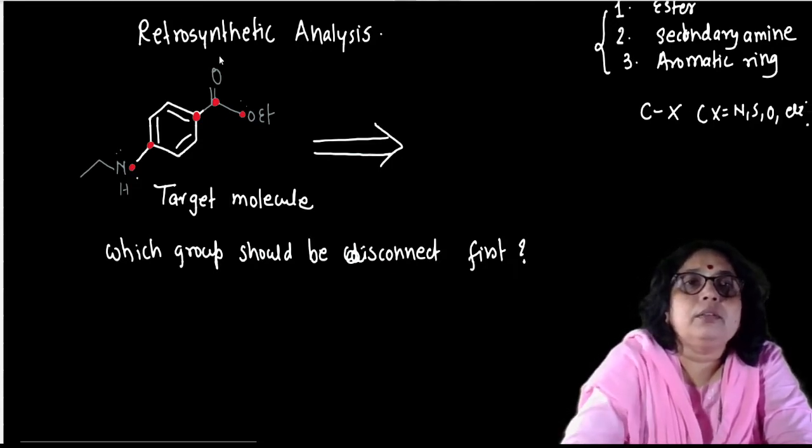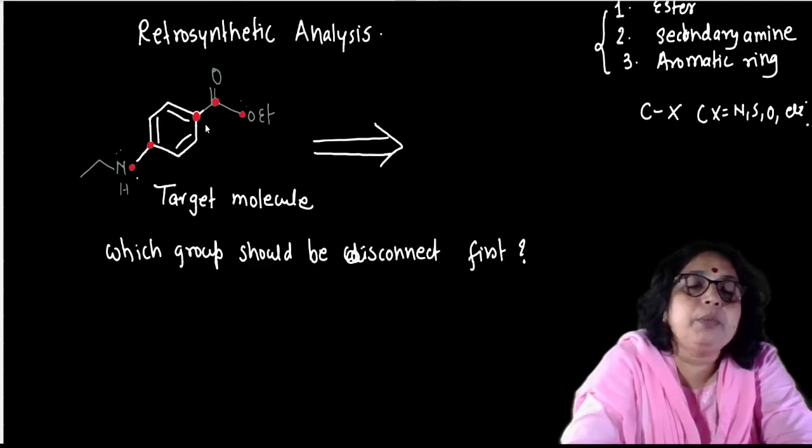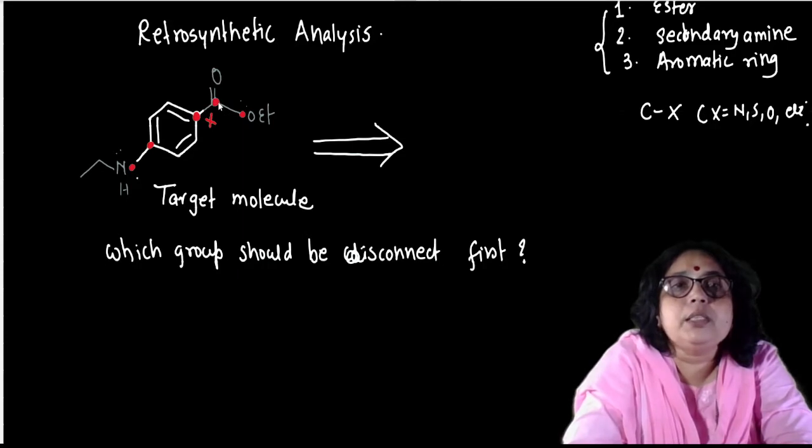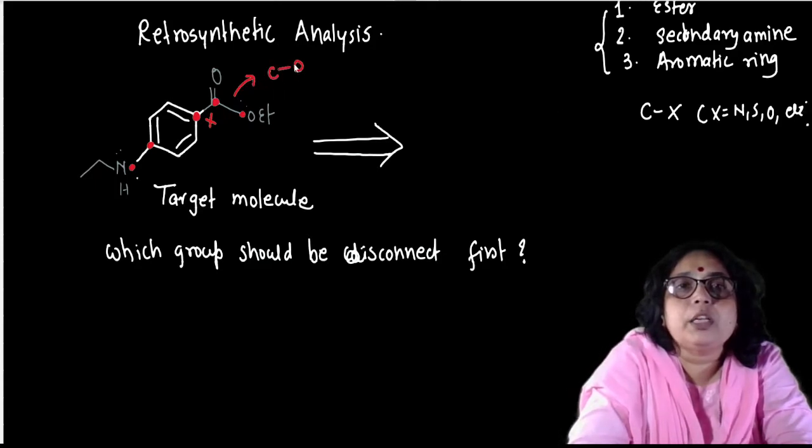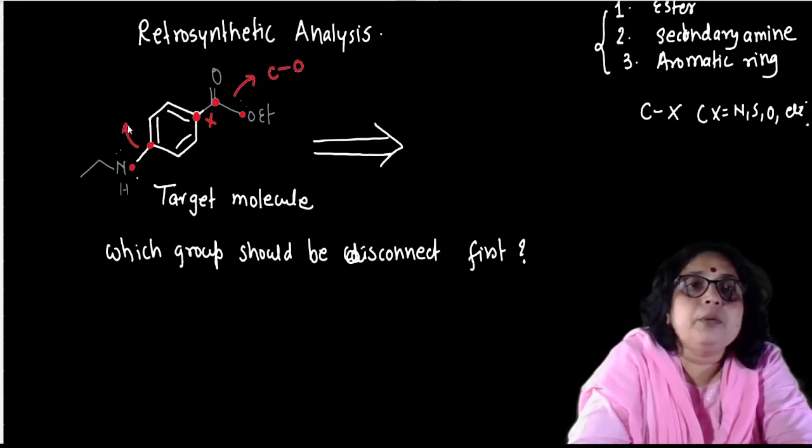Now here I will delete this one because this will be a CC disconnection, so I cannot consider this one. But this is a CO disconnection. So this will be your CO disconnection and this will be your CN disconnection.